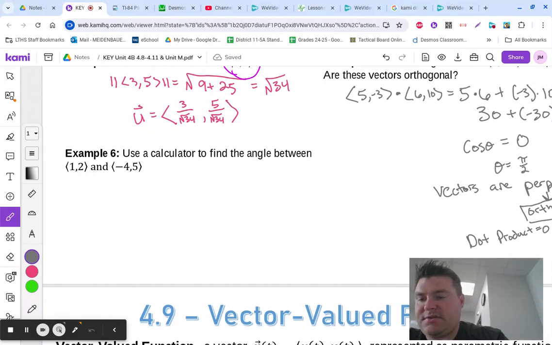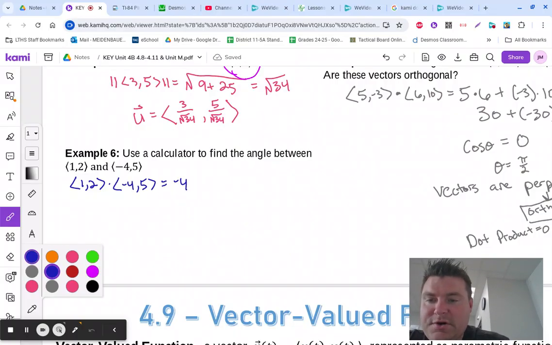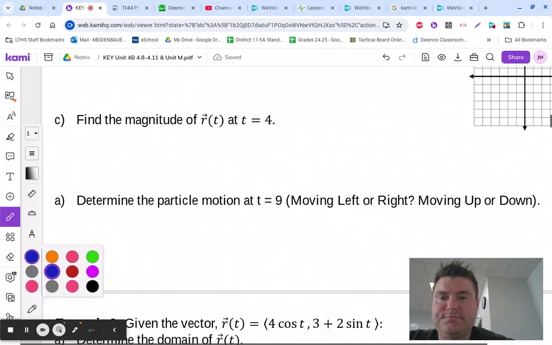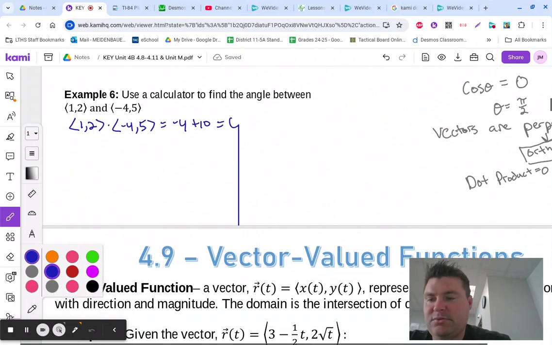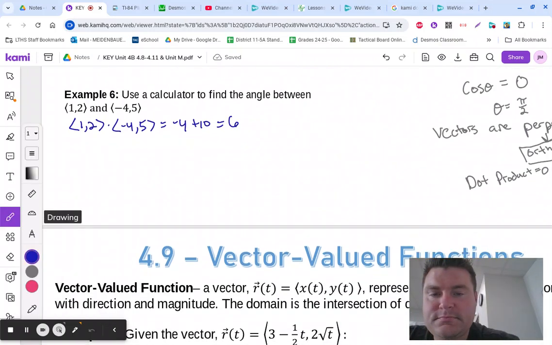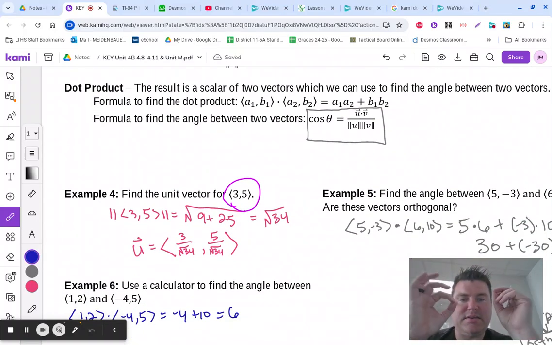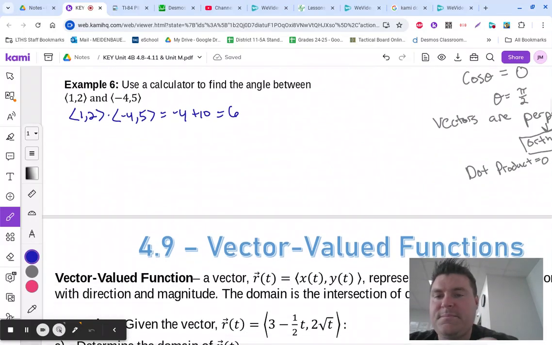Okay. Last example here, use a calculator to determine the angle between these two right here. So I'm going to do quite a few things here. I'm first going to find what 1, 2 dot -4, 5 is. It's going to give me -4 plus 10, which is 6. Okay, so I need 3 things. I need the dot product and I need the individual magnitudes.